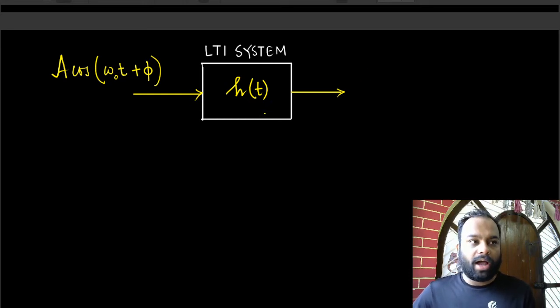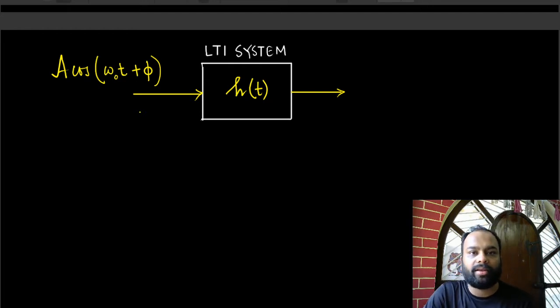But in order for it to reach steady state, the input needs to be there for a very long time. But who is going to ensure that? Or rather, how am I going to mathematically ensure that this input has been there for a very long time? How have I ensured that? Can anybody have some idea on that?